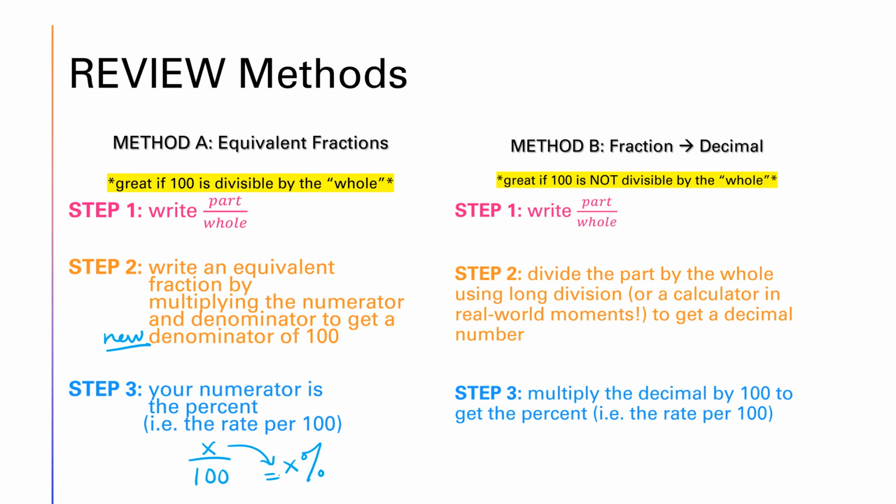So it made more sense to try method B. Step 1, we start by writing our fraction as a part per whole. Step 2, divide the part by the whole using long division, or sometimes, like if you're at the grocery store, maybe you're going to use your calculator or your phone. We divide to get a decimal number. This is the crucial part. And then we can multiply the decimal number by 100 to get the percent.